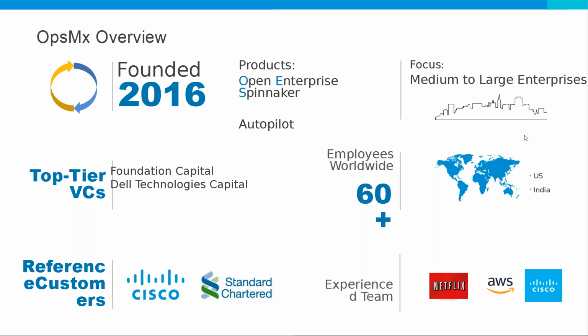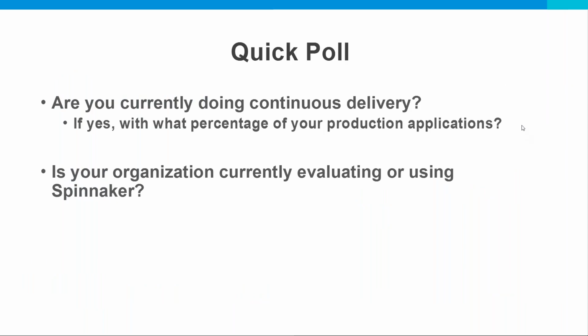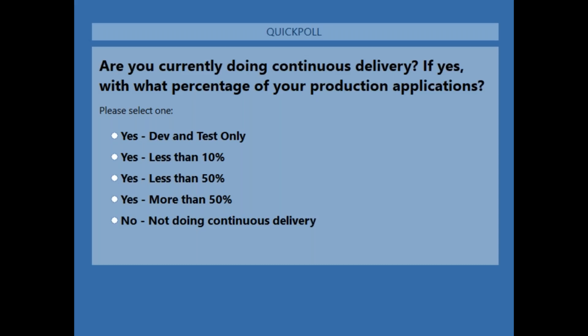Next, we like to start off our webinars by asking a couple of poll questions to get a sense of who's in the audience. This helps our presenter tailor the presentation a bit for who's in the audience. I'm going to put up a couple of poll questions very quickly, and I'll share the results with you. First question: are you currently doing continuous delivery?